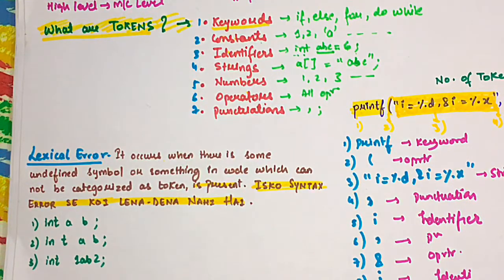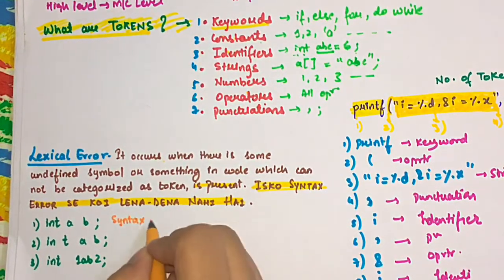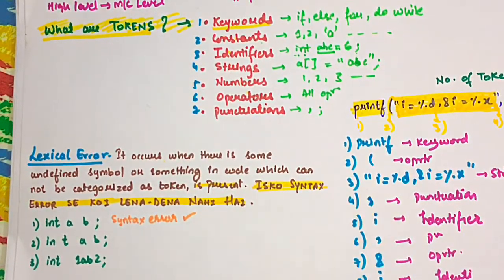So let's see the first statement. It is int a b. Now we can clearly see that it will have a syntax error for sure, as a comma is missing in the statement. And will there be a lexical error or not?